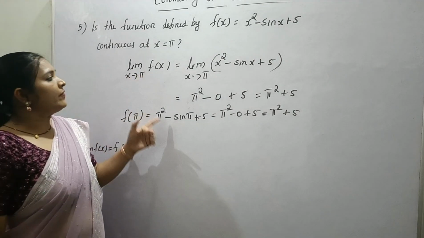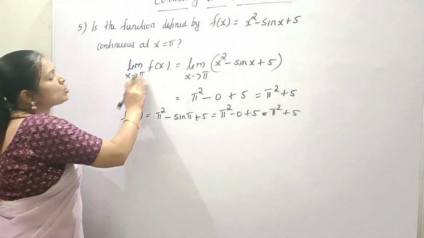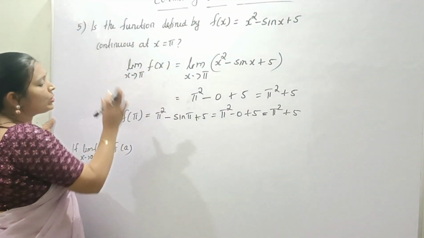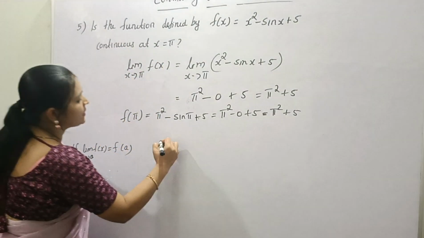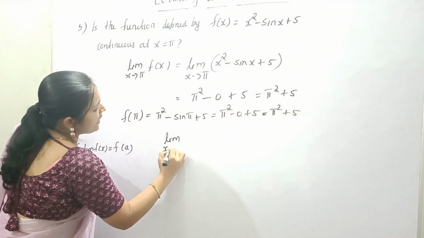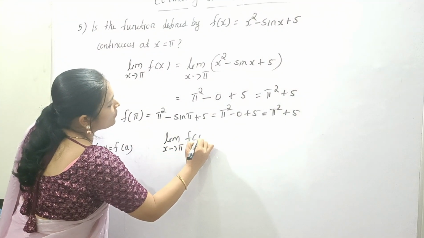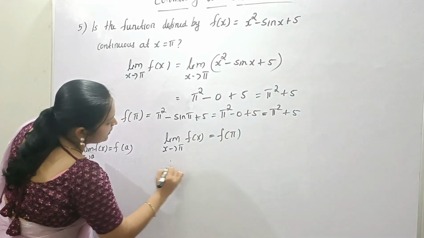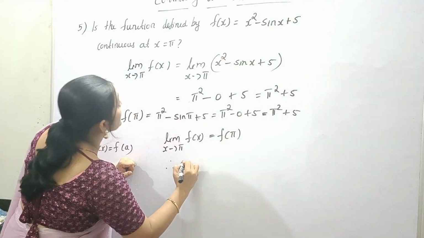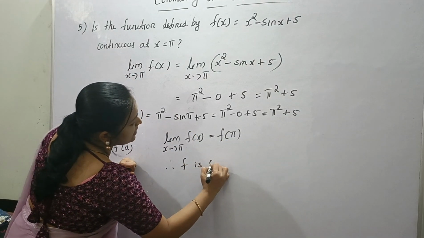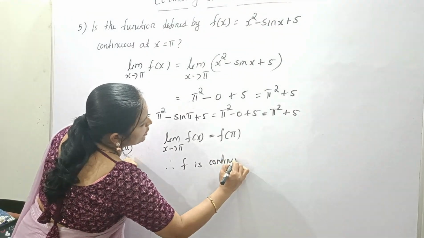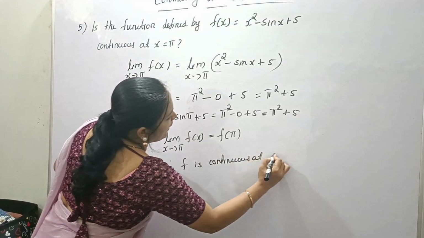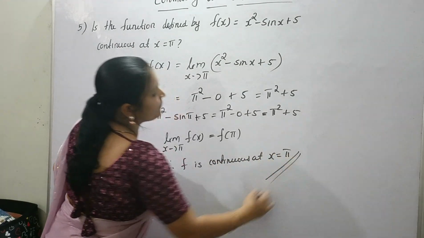So here we have got limit x tends to pi f of x equal to f of pi. Hence, the given function f is continuous at x is equal to pi. Okay.